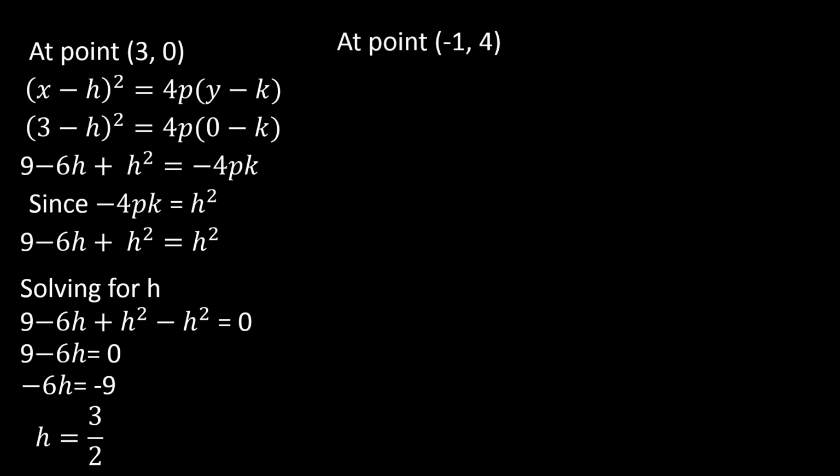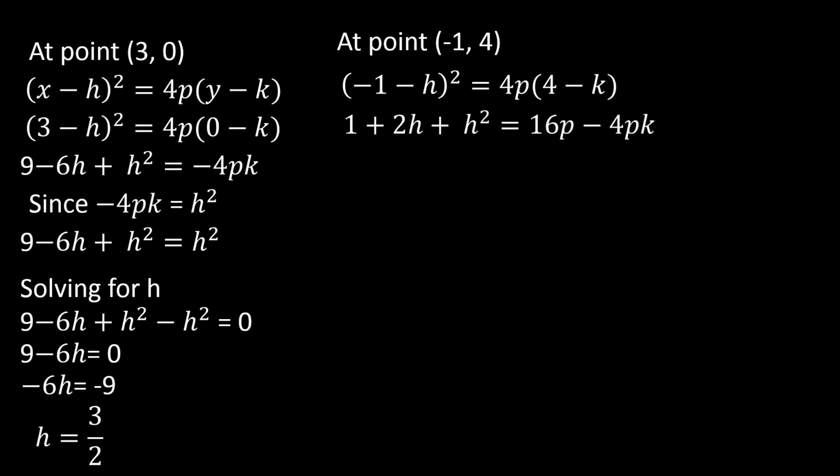Then lastly, at point (-1, 4), x is equal to negative 1 and y is equal to 4. So we have (negative 1 minus h) squared equals 4p times (4 minus k). Then simplifying, we have 1 plus 2h plus h squared.